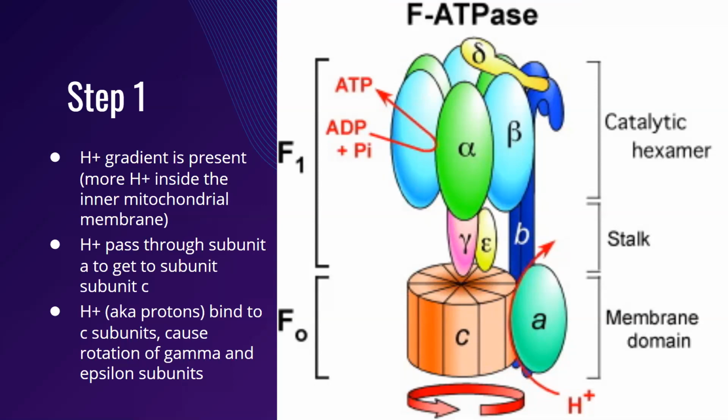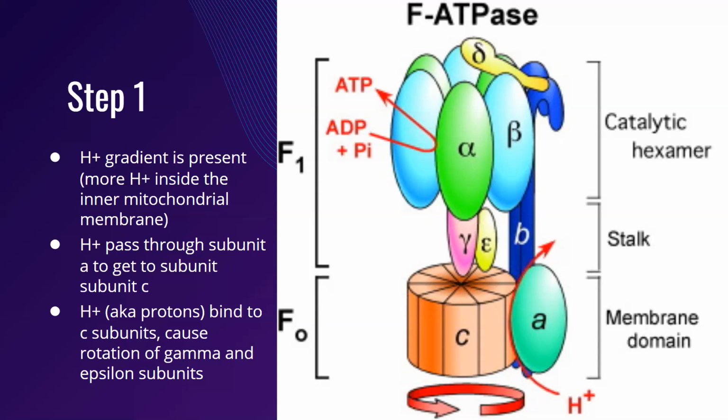So first off, you're going to have the hydrogen ions, which we also refer to as protons, because if you look at a hydrogen ion, it's not going to have that electron there, so it's going to have a positive charge.